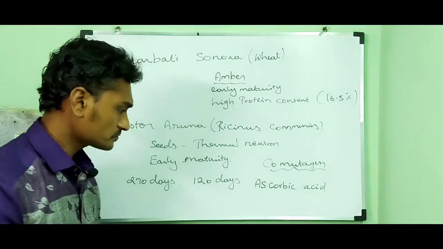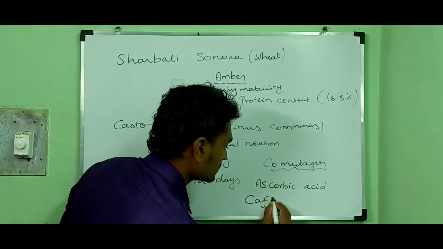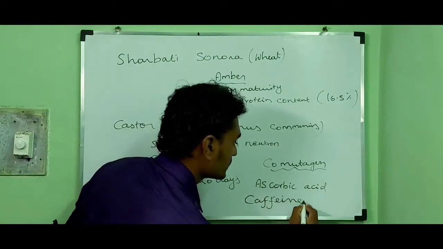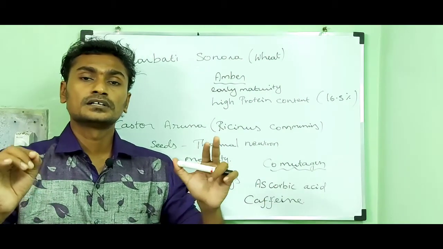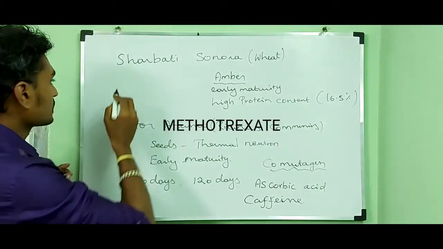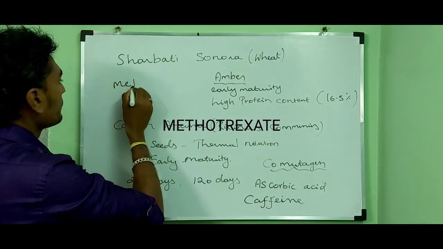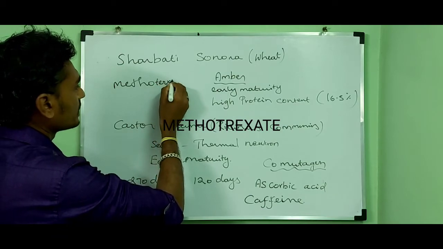Then the next co-mutagen is caffeine. Rheumatoid arthritis patients are treated with a chemical called methotrexate.